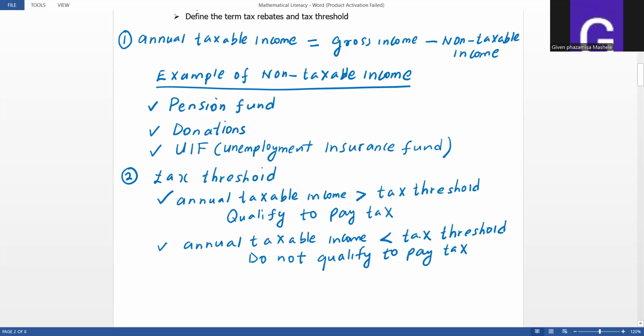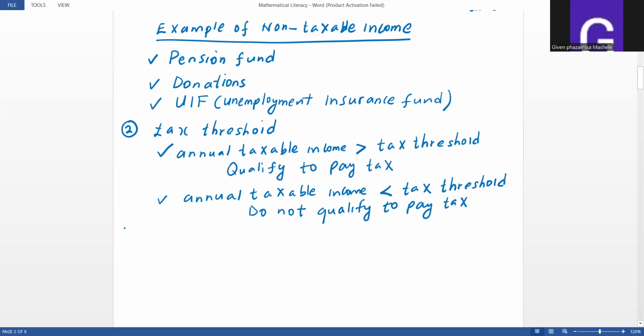Now, if the person qualifies to pay tax, then we need to identify the tax bracket in which the person falls. And remember, identification of the tax brackets depends on the annual taxable income, not on the monthly. Why?